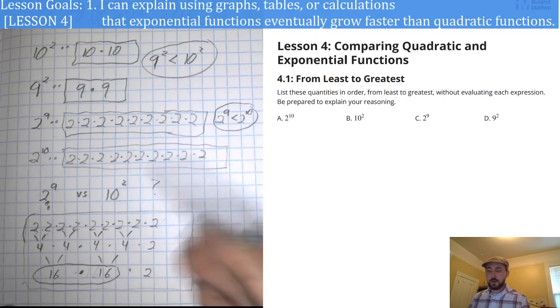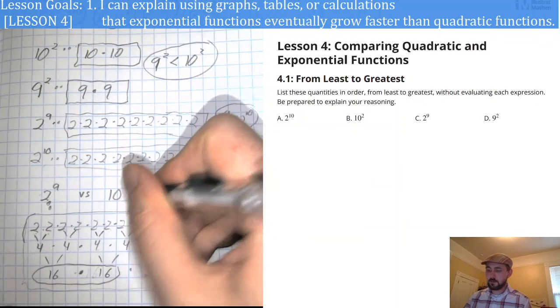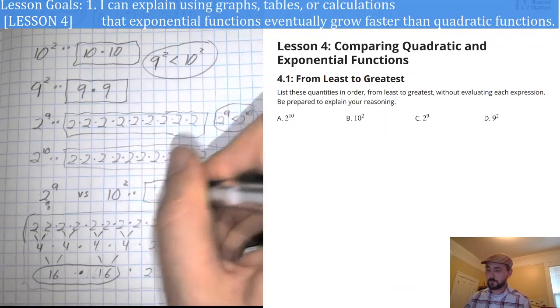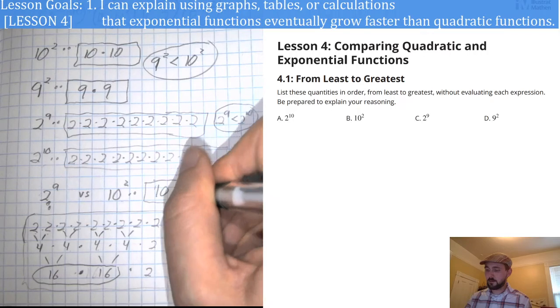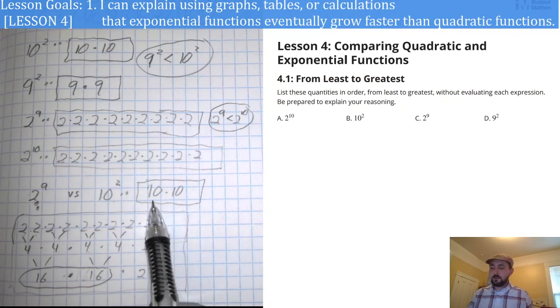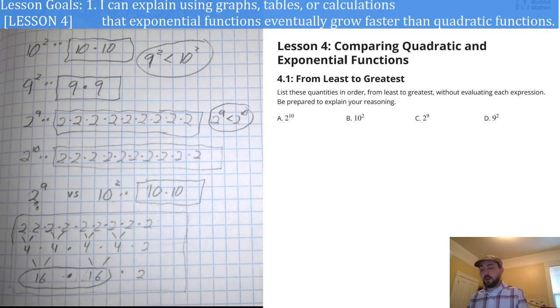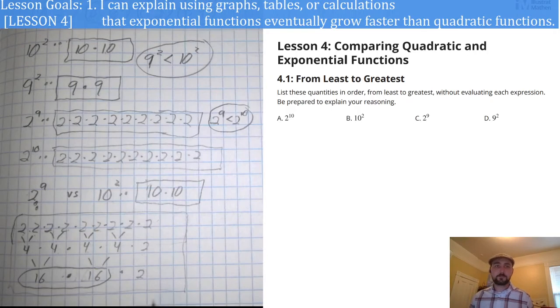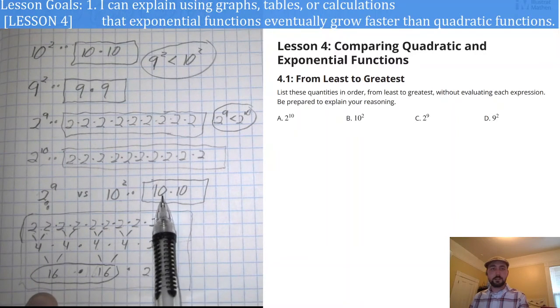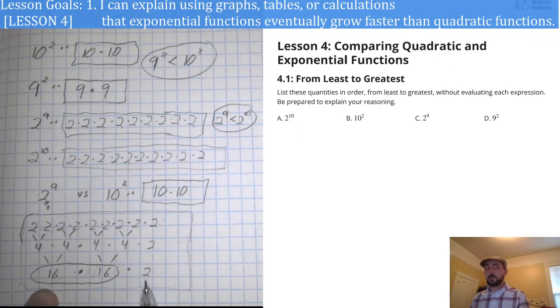But remember, 10 squared is just 2 copies of 10. So which one's going to be bigger? 2 copies of 10 or 2 copies of 16 with also an extra copy of 2? Well, 16 is bigger than 10, so 16 times 16 is going to be more than 10 times 10, and 16 times 16 times 2 is definitely going to be bigger than 10 times 10.